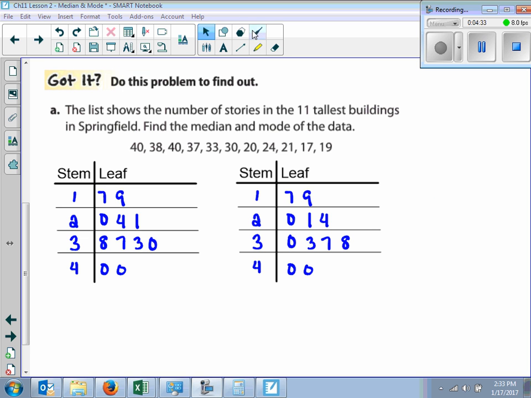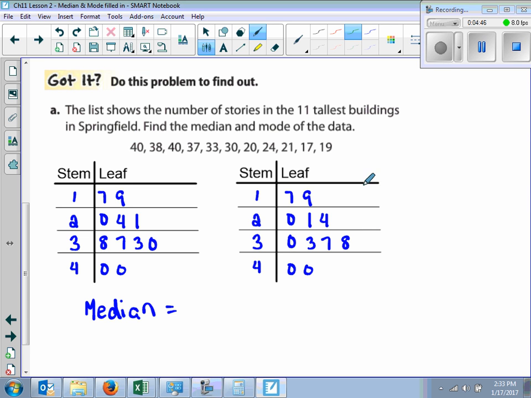So the first thing we want to find is our median. Now, I'm going to show you guys how to find the median in a stem and leaf plot. When you read a stem and leaf plot, you need to make sure that you are reading each row from left to right, just like that.